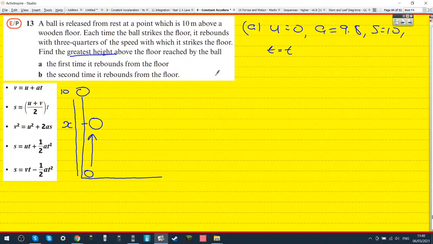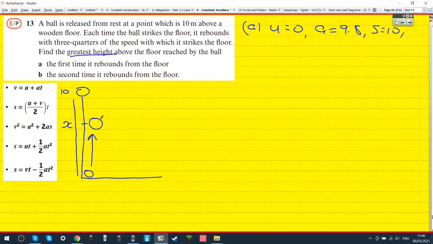Okay, how do we do this? So we want T, right? Oh, I don't know, but probably wouldn't be bad to get it. Let me think. So what would we need to get this height? Well, we need the final velocity.